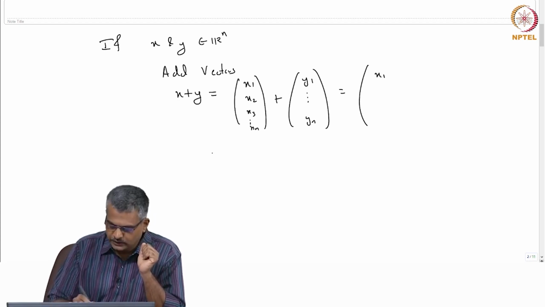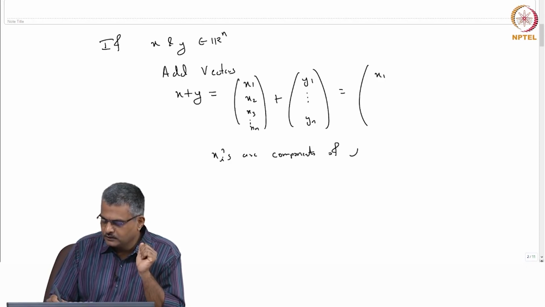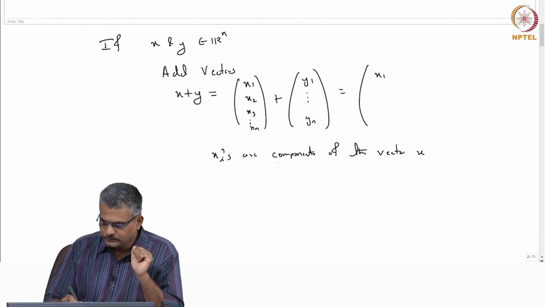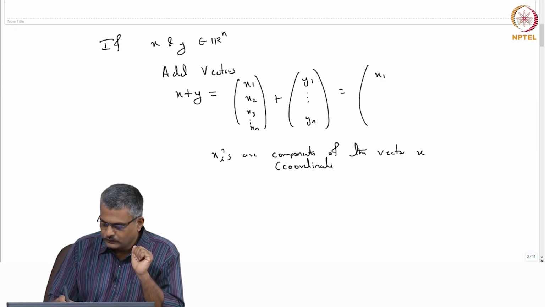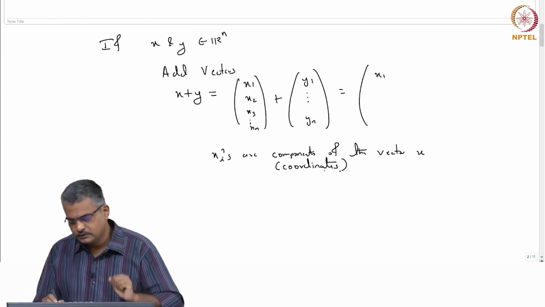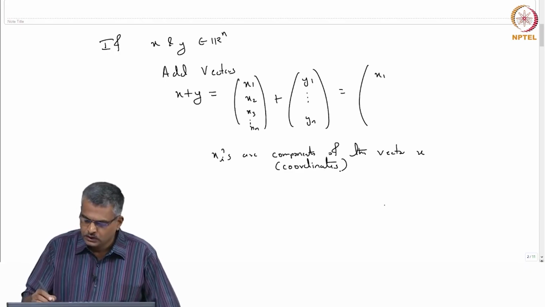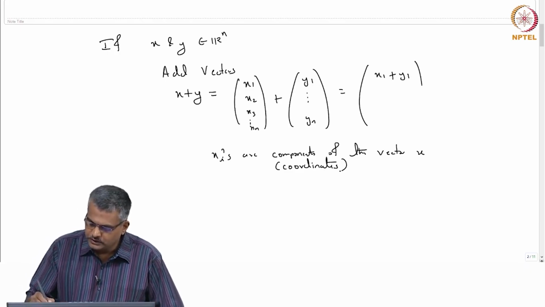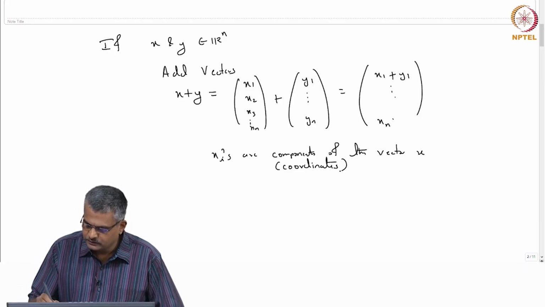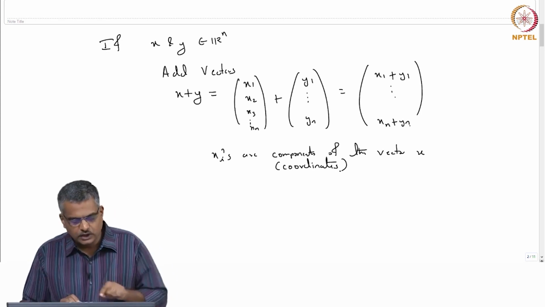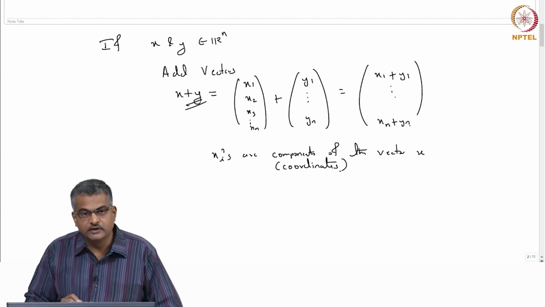These xi's are called the components of the vector x, or sometimes we also call them coordinates. xi is a coordinate of the vector x. So you do a component wise addition, and that is how the left hand side is defined.